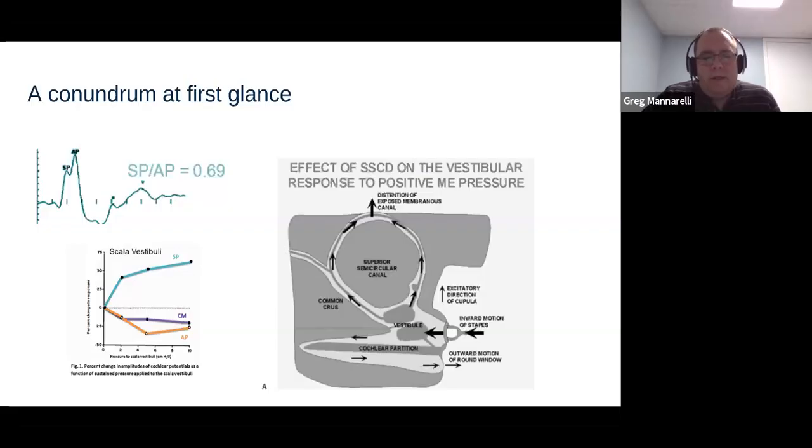But what we see, according to the SP/AP ratio, is the exact opposite, where we're getting elevated SP/AP. So what's happening somehow in this disorder is likely the opposite of what might be the intuitive response. We're probably somehow getting some basilar membrane, scala media deflection away from the dehiscence.